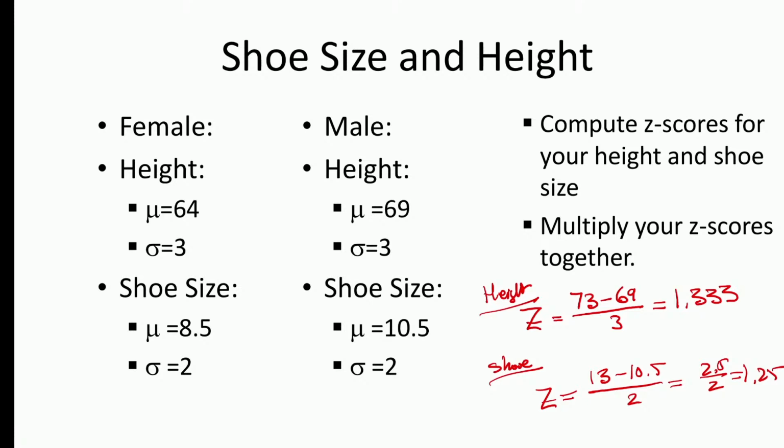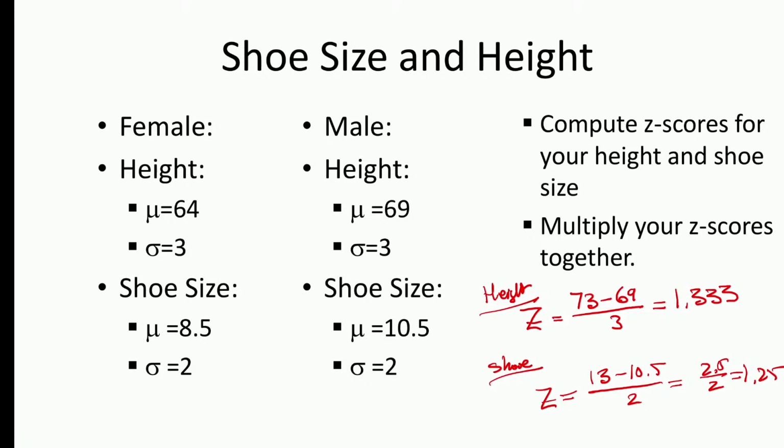The thing I'm curious about, and you don't have to volunteer if you don't want to, because I can just make someone up, is if anyone has one positive and one negative. That would be someone who's shorter than average but has larger than average feet, or vice versa. You do? Amazing.